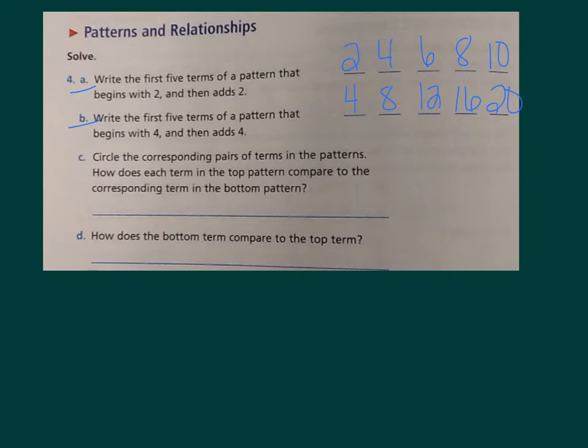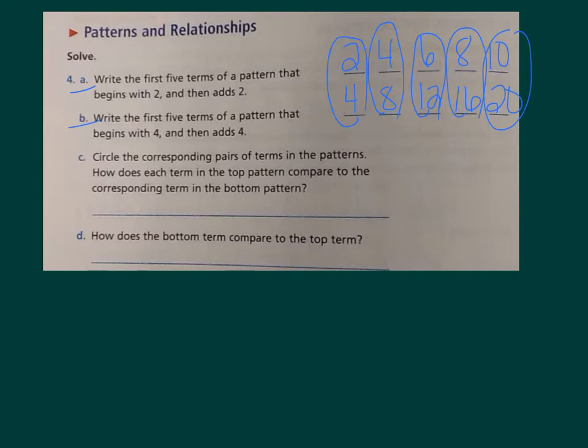But now let's follow the directions for parts C and D. In parts C and D, they want us to circle the corresponding pairs. That just means put together the number above with the number below. And they want you to look at how each term compares to the bottom term. So if we look at, these are our corresponding pairs.